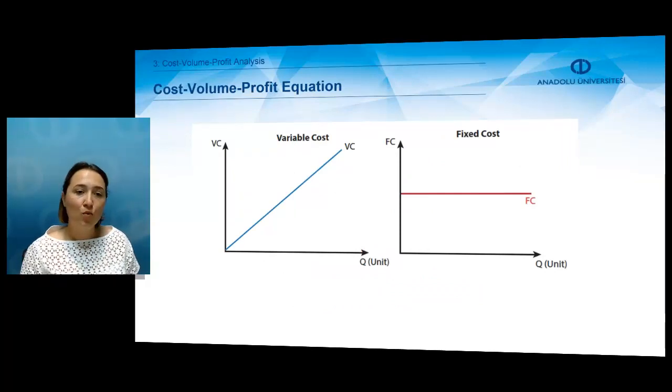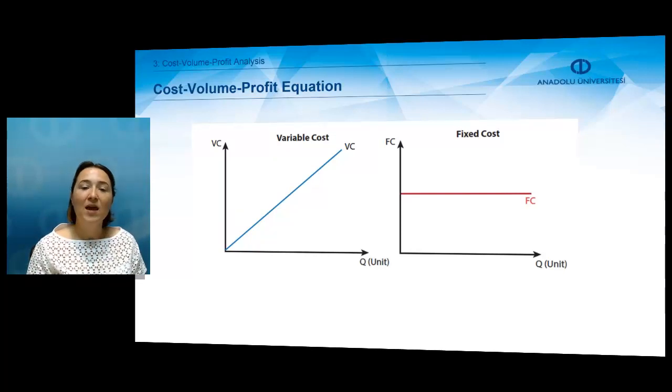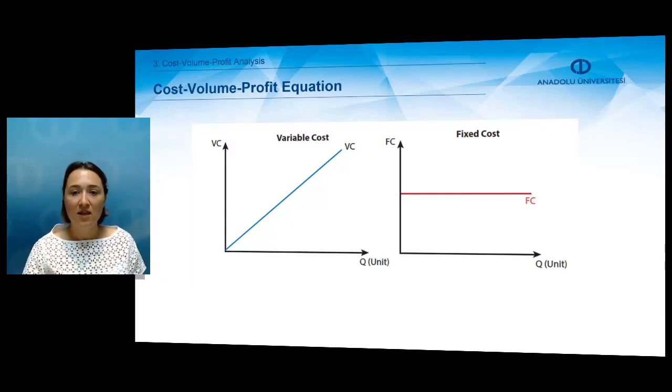We said that variable cost and fixed cost are 2 kinds of costs that we talk about in this chapter. Fixed costs are fixed at any quantity. At any quantity of production, fixed cost is at the same level. For example, if we have 10 people to do the production, we have to pay their wages even if they produce less or more.